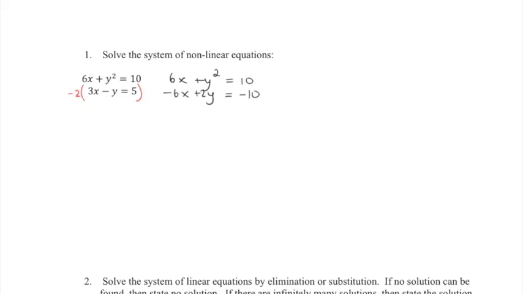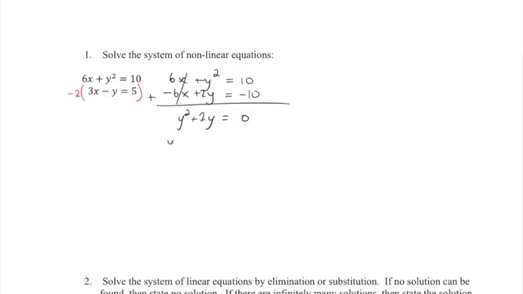So when we try the elimination method now, the x variables eliminate. Notice that y is not like terms, y squared and 2y, so when you add those together, they need to be added together as y squared plus 2y equals 0. Now we have a quadratic equation.